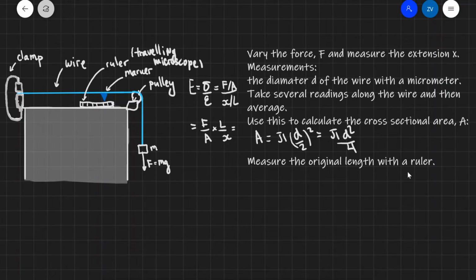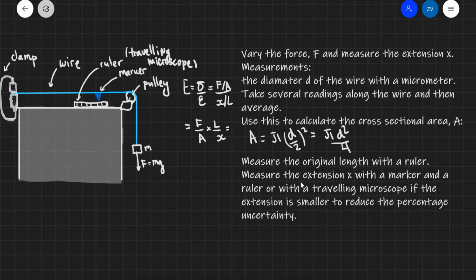We're also going to be measuring the original length with a ruler. We are also going to be measuring the extension X with this marker over here and a ruler, or if the extension is smaller than a couple of millimeters, we're going to be using a traveling microscope in order to be really accurate and reduce the percentage uncertainty in our measurements.